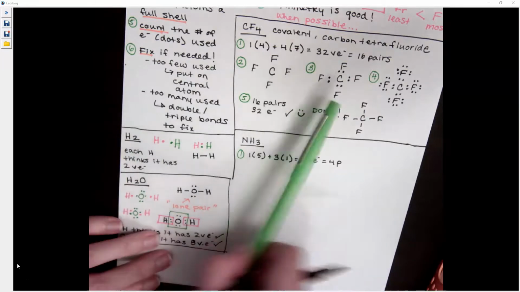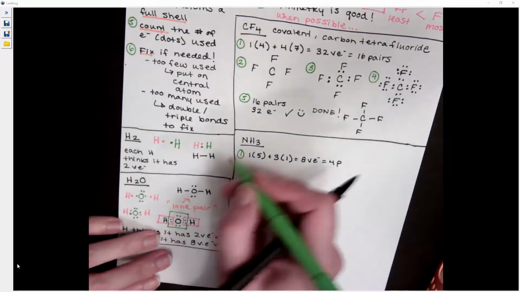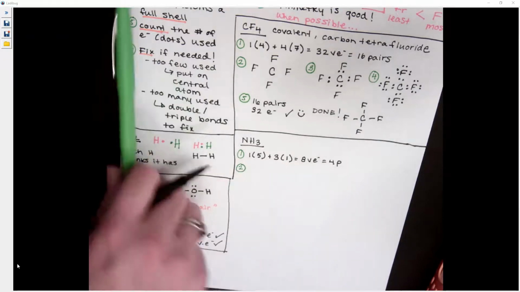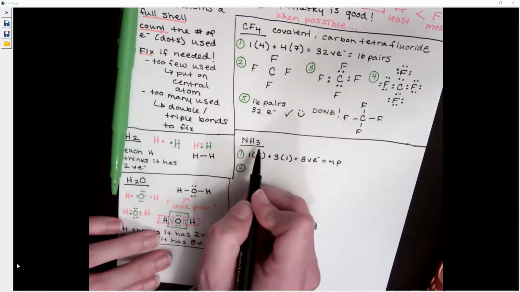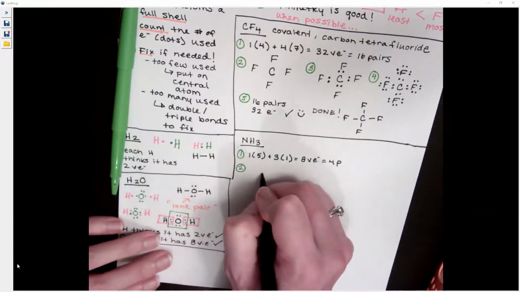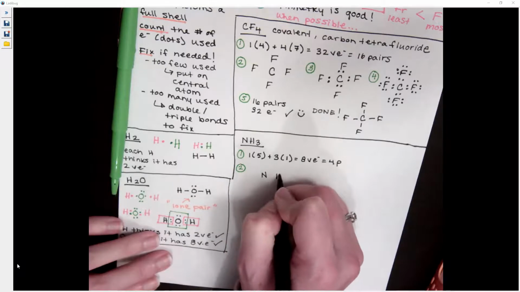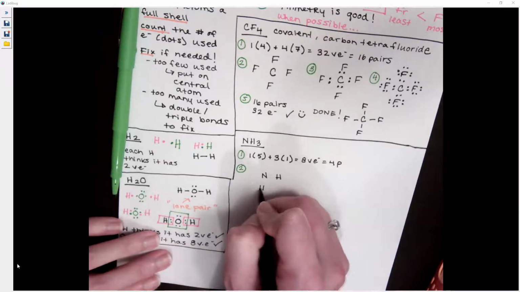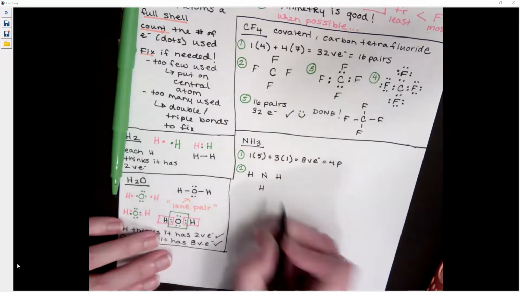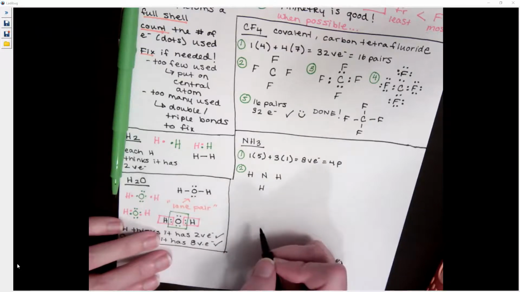I'm not going to recopy it over and over. We're just going to do it all at once. So step 2 is to place. Well, the hydrogens have to go on the outside, which means my only other option is for nitrogen to go on the inside. I'm going to place things going around the sides of my box, spread them out. Hydrogens have to be on the outside, so that's my only option.